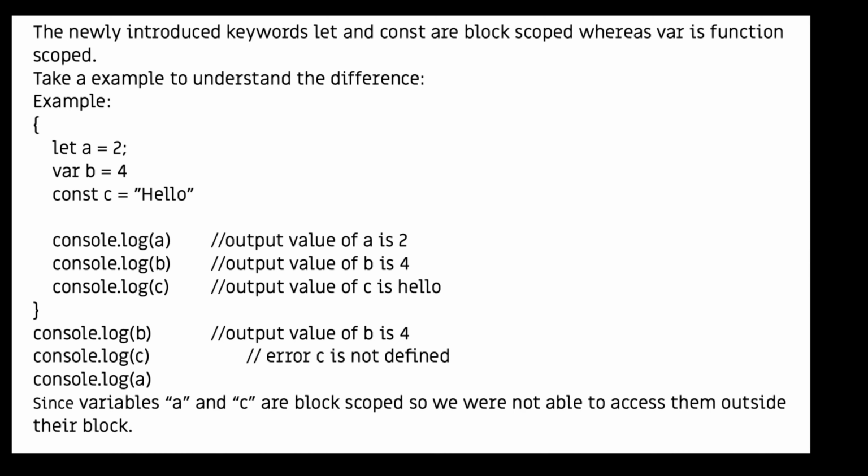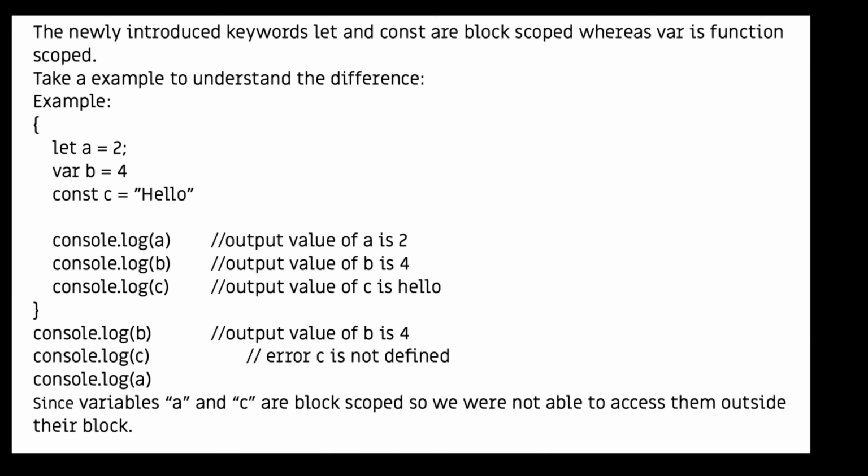So take example to understand the difference. Example is, first we add let keyword and value of a is 2, and next we declare var keyword, variable name is b and value is 4, and next we declare the const keyword and variable c and we assign this value to hello.